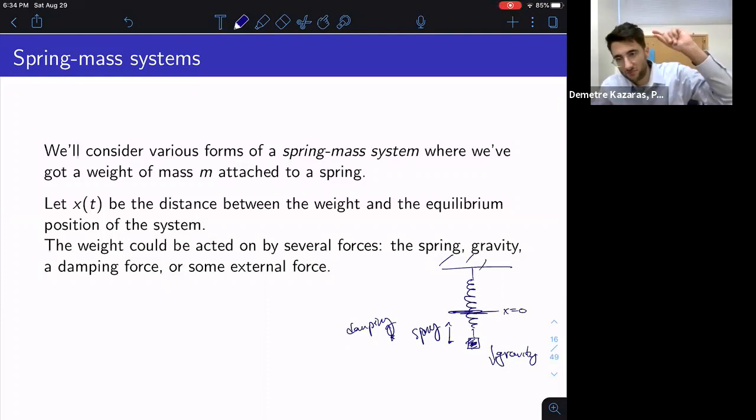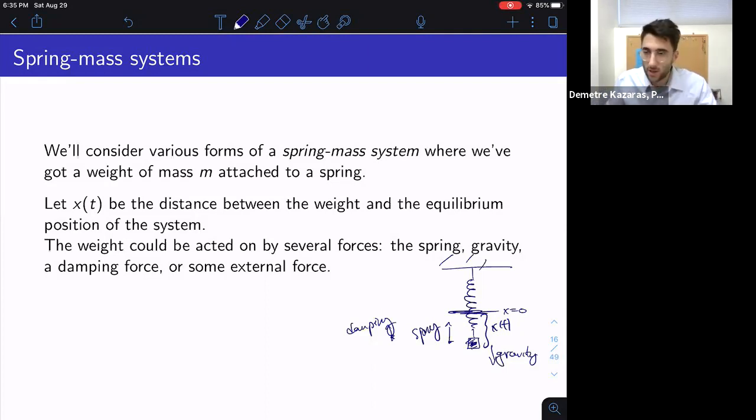And then from that point, if the spring is moving, let's measure the distance between the center of the weight and that equilibrium rest place. So let x of t be the distance between the weight itself and the equilibrium position of the system. By equilibrium position of the system, I mean just the location that the weight tends to if you just leave it alone for a while.